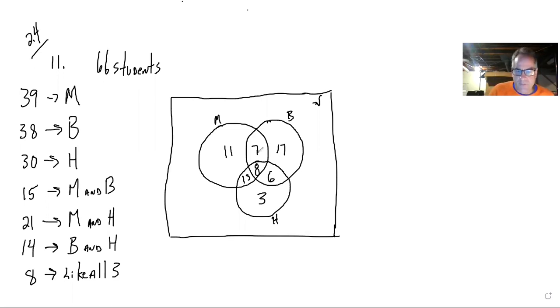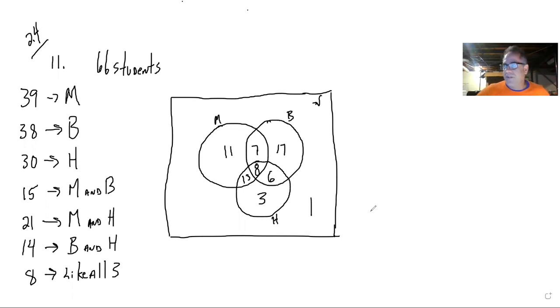So if I add up all of these and subtract that from 66, I'll have the number that would be outside of all three. So 11 plus 7 plus 17 plus 13 plus 8 plus 6 plus 3 is 65, which means there would have to be one more here.